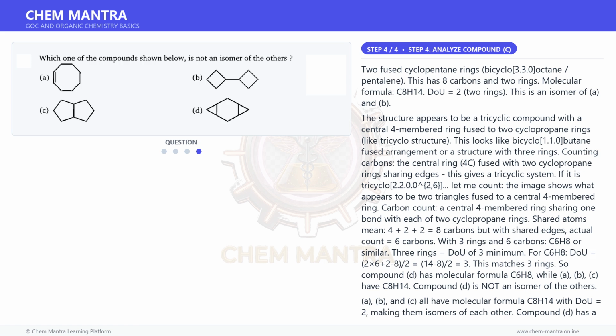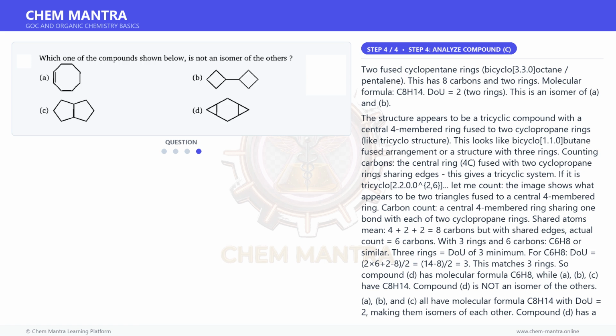Carbon count, a central 4-membered ring sharing 1 bond with each of 2 cyclopropane rings. Shared atoms mean 4 plus 2 equals 8 carbons, but with shared edges, actual count is equal to 6 carbons. With 3 rings and 6 carbons, C6H8 or similar. 3 rings is equal to DU of 3 minimum.